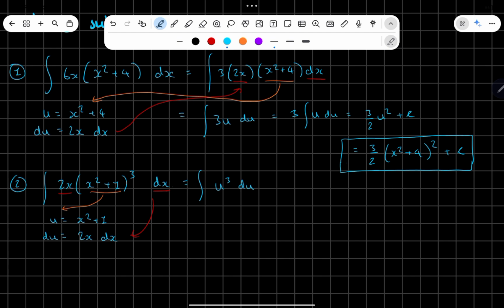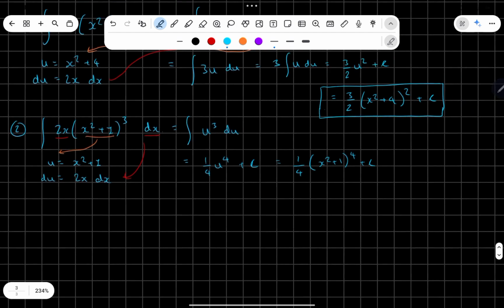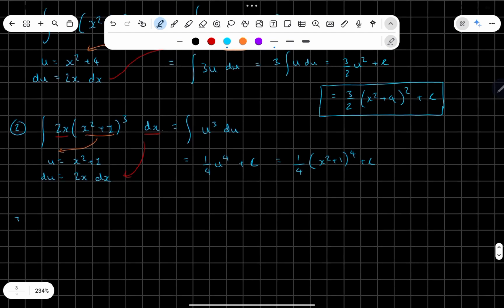And if we use our basic integration rule, that is the same as 1 over 4 u to the 4 plus c. And again, don't forget to substitute u back in. So this is the same as 1 over 4 times x squared plus 1 to the 4 plus c. Okay, nice. Now we are going to go on to some harder examples.